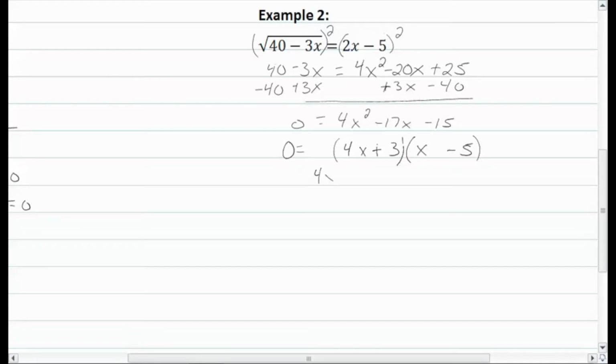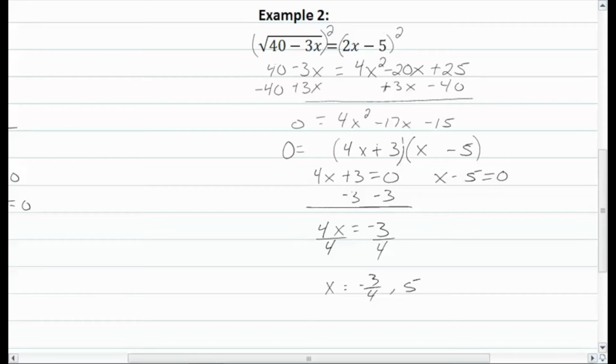Set each factor equal to 0 and solve. Okay, and then so we get x is equal to -3/4 and 5.